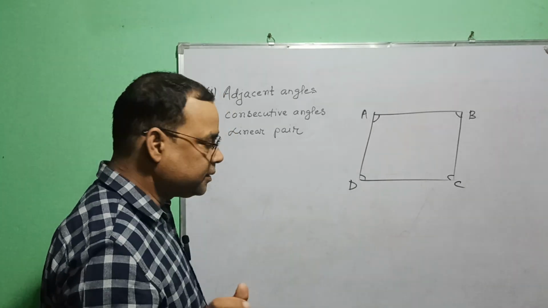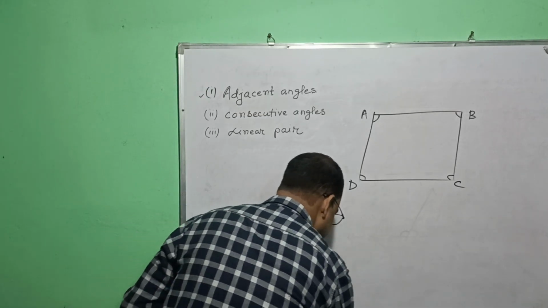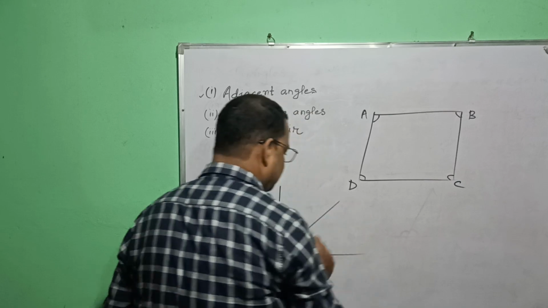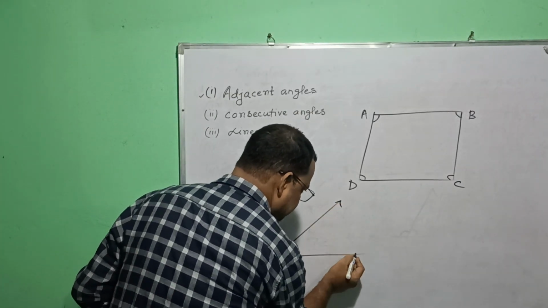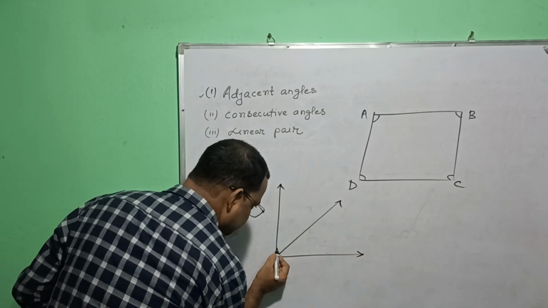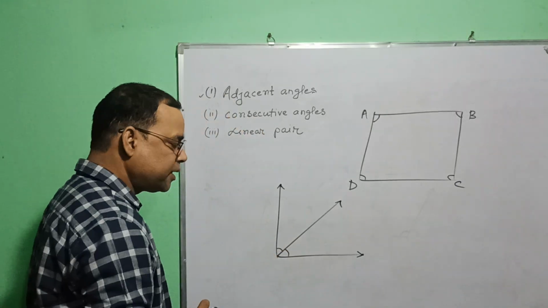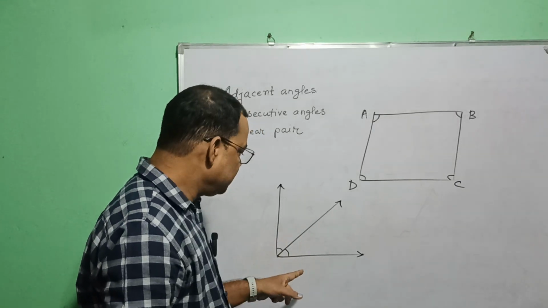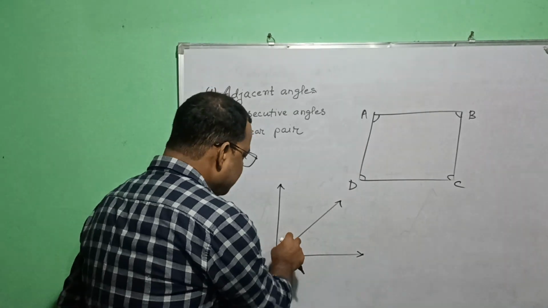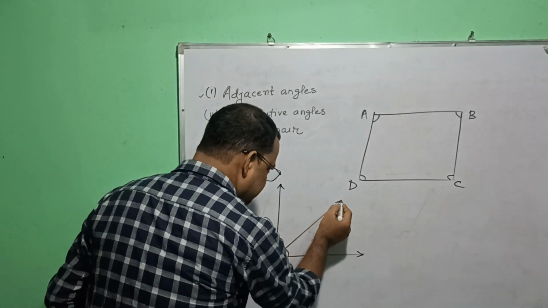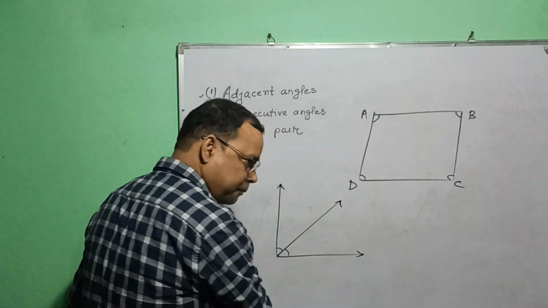In case of adjacent angles, let me draw another figure. In this figure, it is clear that two angles are formed, these two angles. What is the property of these two angles, and what is the condition to form these two angles? Here it is very clear that these two angles have one common side, or we can say one common arm.